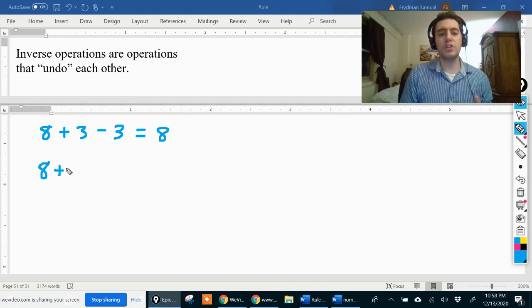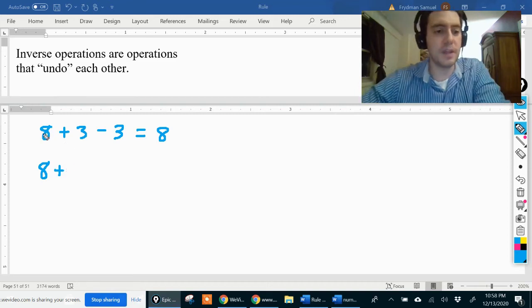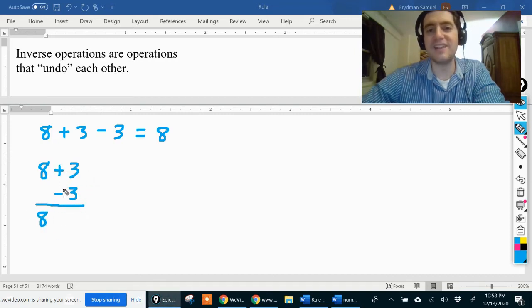And when we solve equations, instead of everything being written horizontally like this, you should get used to seeing things written vertically. So this is how it would look. 8 plus 3 and then minus 3 is equal to 8. So all of this means exactly the same thing as this does. It's just written vertically instead of horizontally.